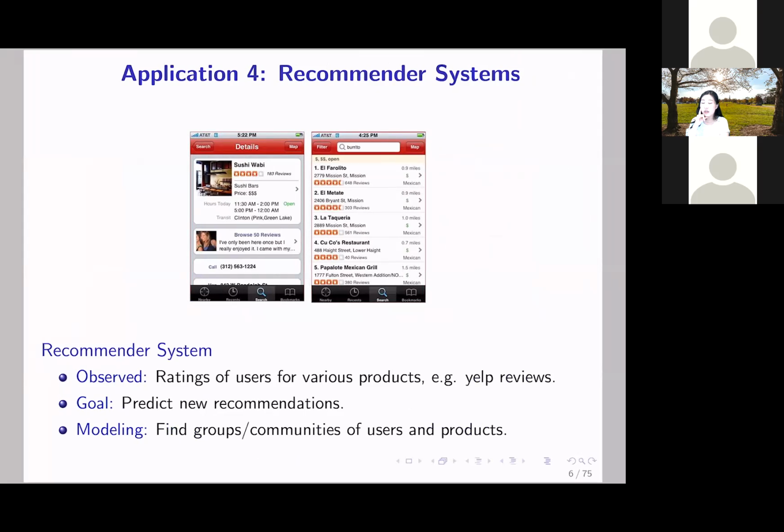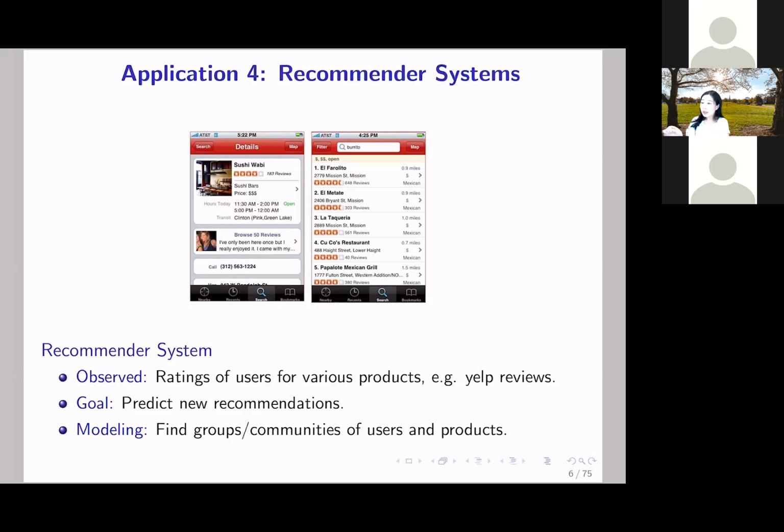But here, the nodes could be very different. It could be a rating of the user for various products, right? So not only do I write a review for this business, which means I have a connection with that business as a user, but I also have a rating associated with it, right? So I might rate it high or I might rate it low.